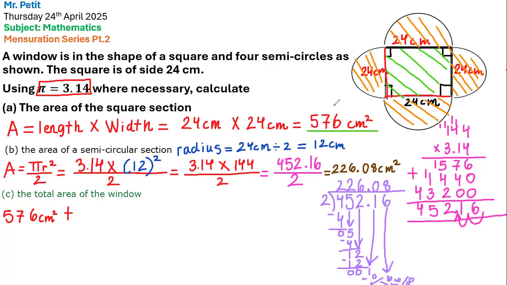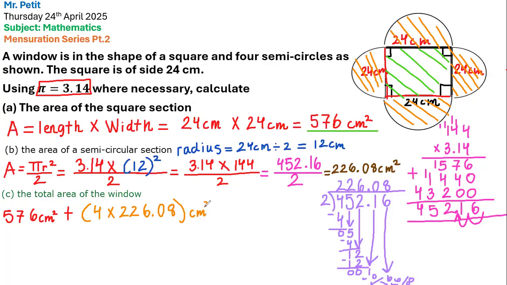That means we need to take 226.08 and multiply that by 4, because it's 4 semicircular portions. Okay, centimeters squared. And once we add up all of them, then we get an answer.